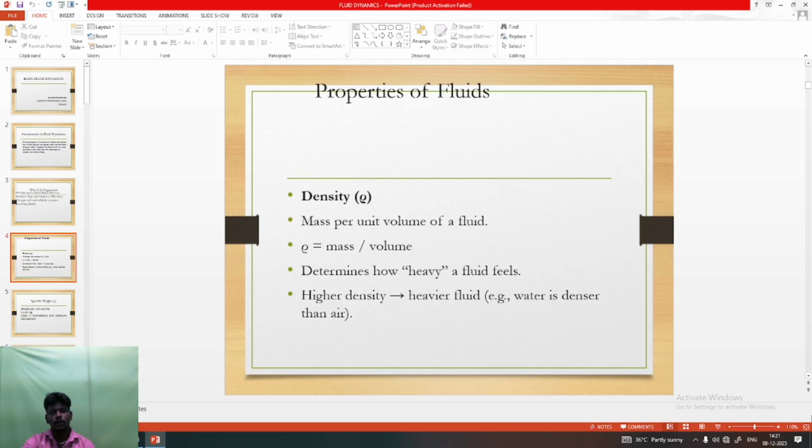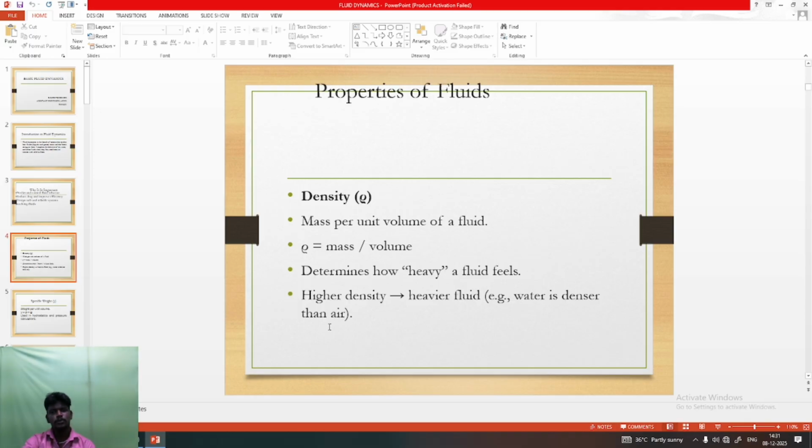It determines how heavy a fluid feels, whether it's thicker or thinner. A fluid with higher density is a heavier fluid. For example, water is denser than air.